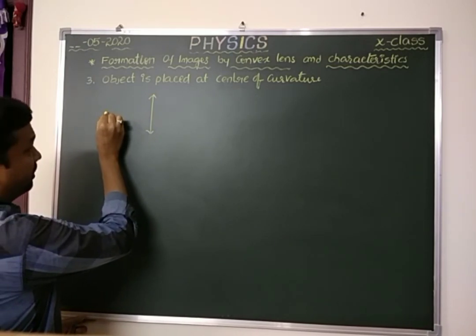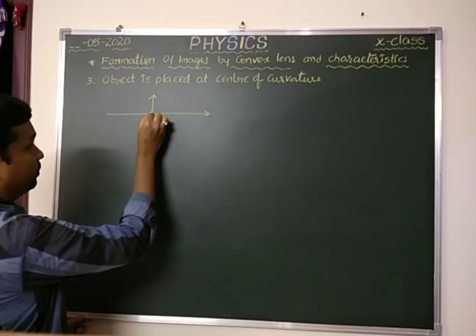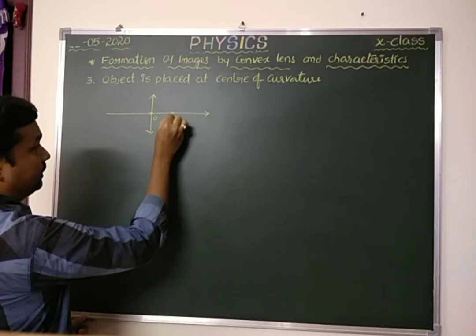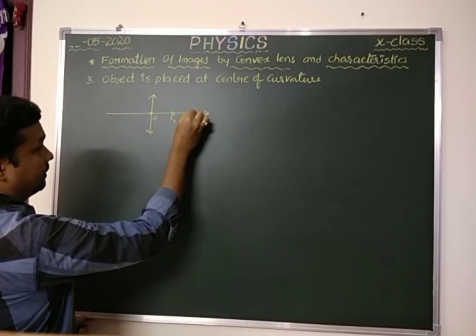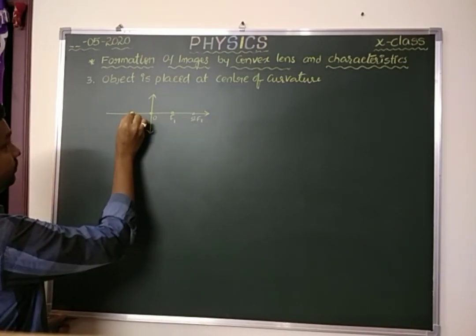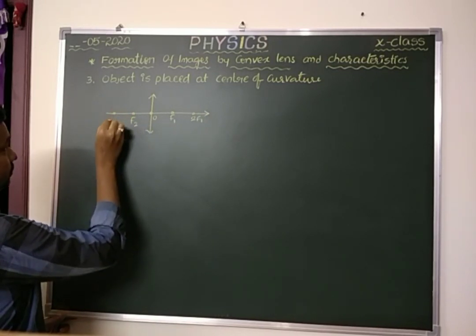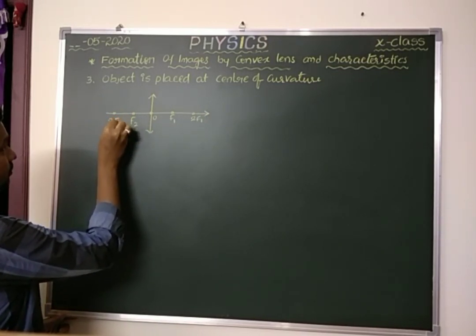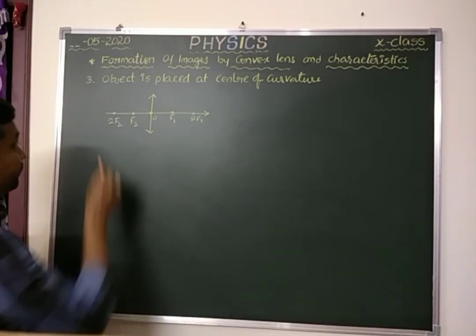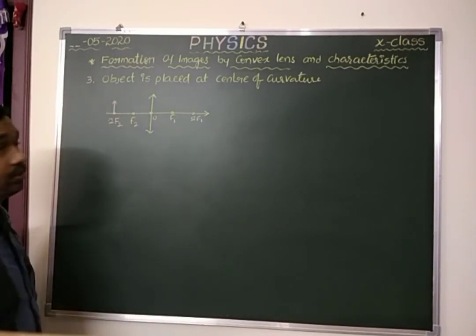We are taking a principal axis which is passing through optic center, focus, center of curvature. Object is placed at center of curvature. This is the object position.